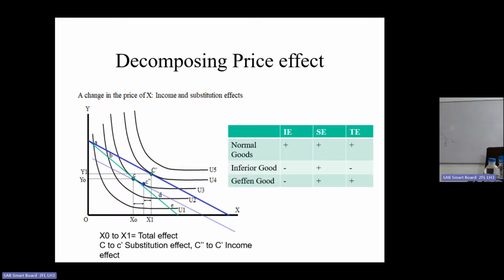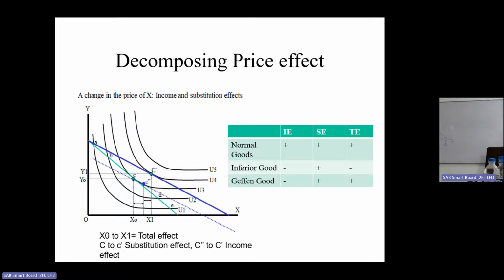Then, taking the X0 and Y0 level here, the movement from X0 to X2 is the substitution effect.